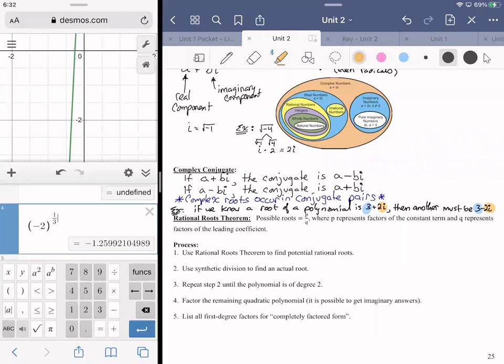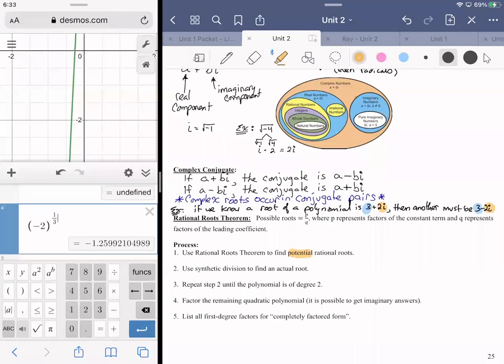Okay. Then you have the process, which tells us to use the rational roots theorem to find potential roots. Potential being the key word there, not guaranteed. These are values that could be roots.